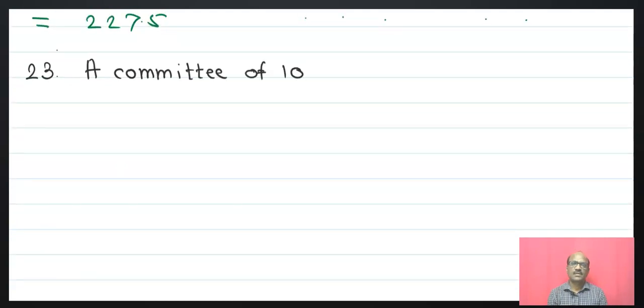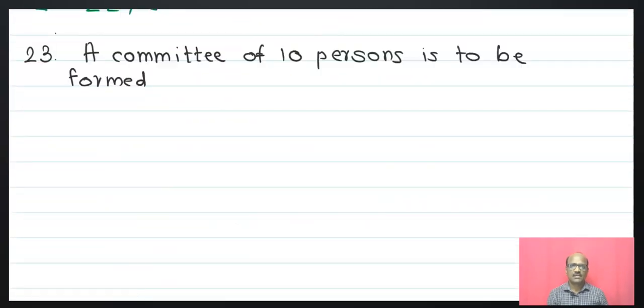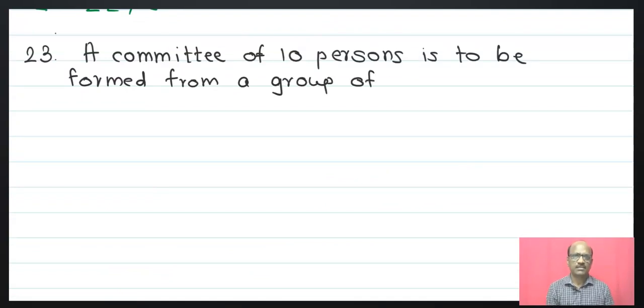Now the question number 23. A committee of 10 persons is to be formed from a group of 10 women and 8 men.